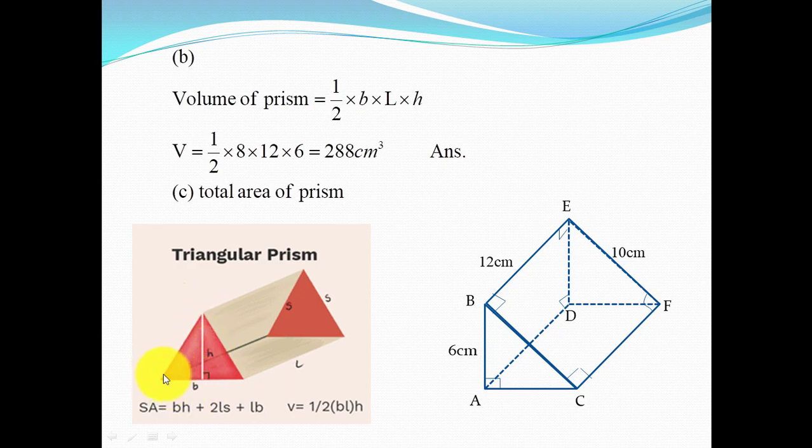It means that this one is the triangle, plus 2LS. Why is it twice LS? You can see L is this one, and S is this one.